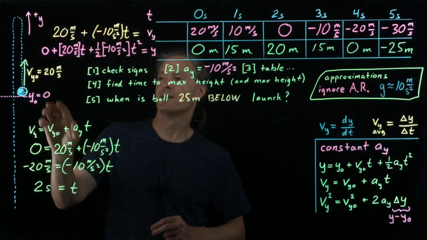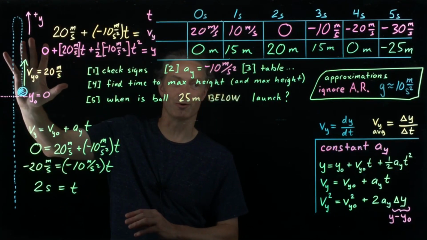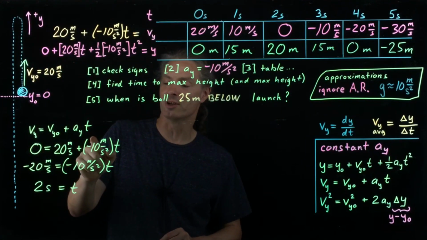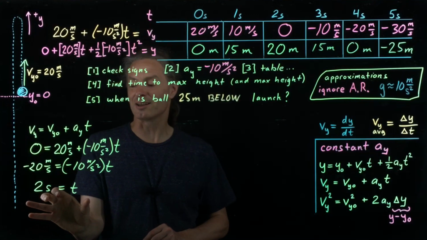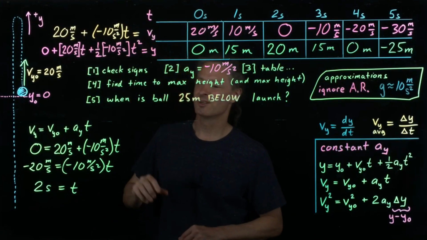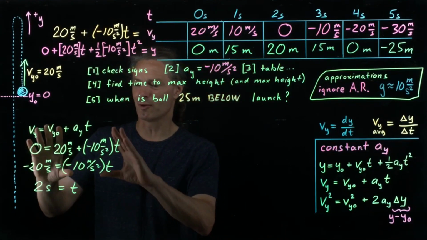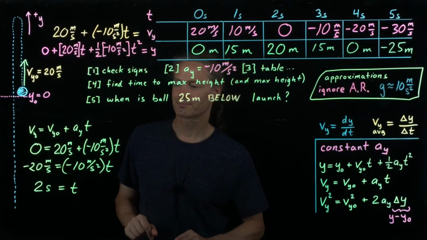But then instead of having negative 10 meters per second corresponding to your coordinate system and the acceleration, you instead had positive 10 meters per second, you would have gotten positive 2 seconds. You'd have the right answer, but had two mistakes instead of one. All right, so this is not to just bust on everybody, but to point out that it's actually really important to understand what you're doing.